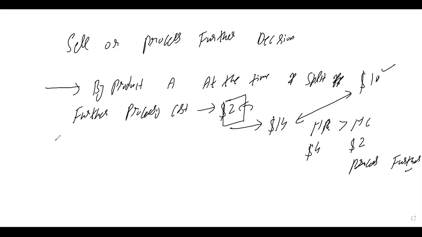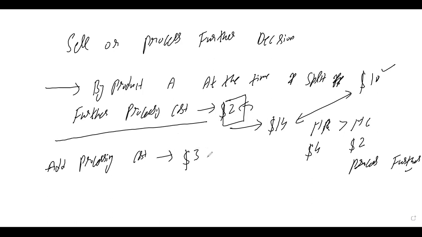Let's take another example here. Same product, assume that the additional processing cost is $3, and after that the new price will be $12. Before, the price is $10. After doing the additional processing, the new price we will have is $12.